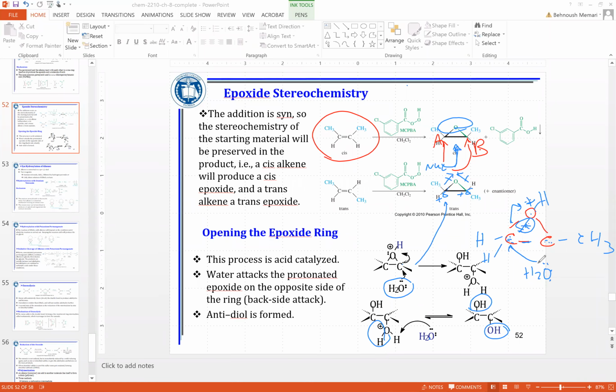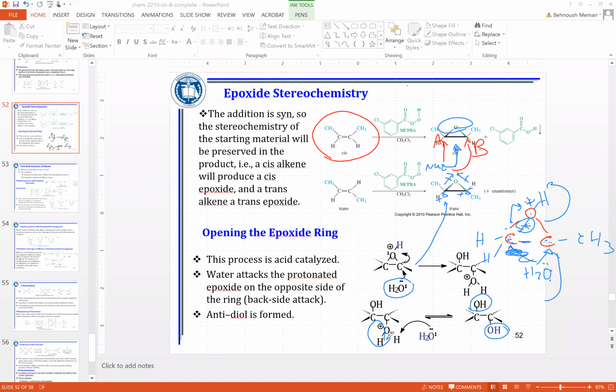So then water, the nucleophile in general, in this case is water, will attack the carbon that is more substituted, and then the ring would open. The OH would go to the other carbon, and then you have your H2O. Very similarly this with the plus charge, and you bring another molecule of H2O to remove the H plus.